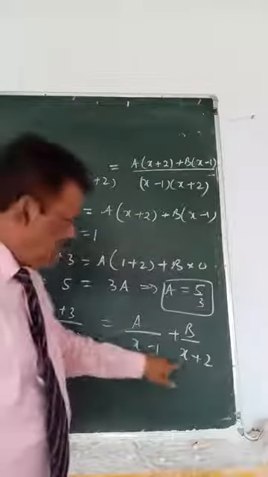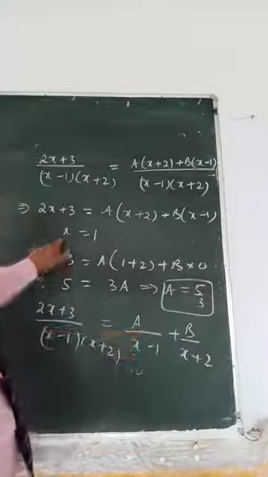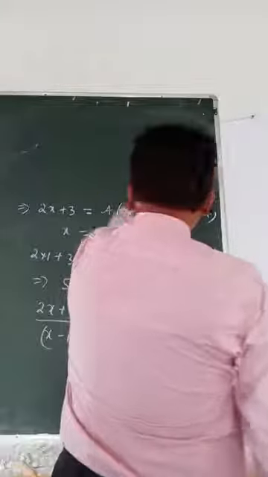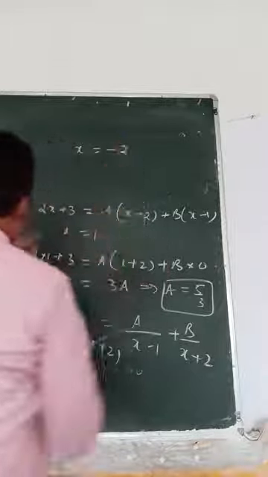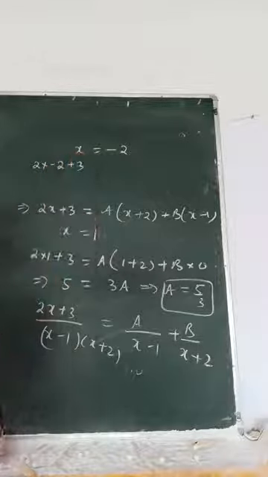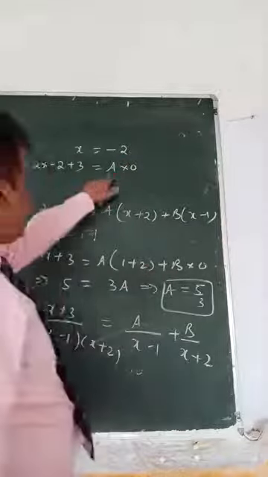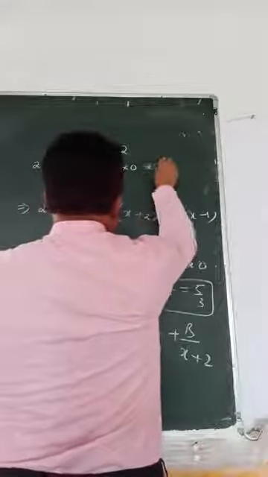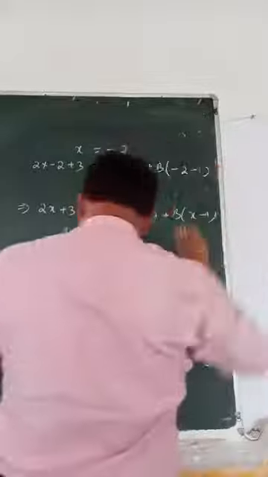Similarly, now put x equal to -2 in this equation. So this will be 2 into -2 plus 3 equals A into 0, because this is 0, plus B into (-2 - 1).